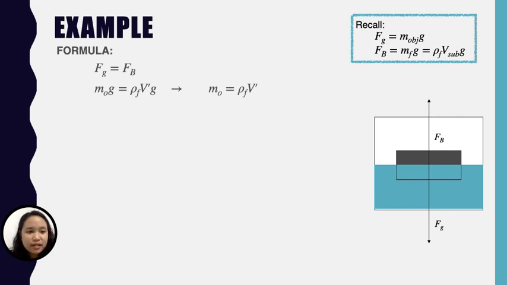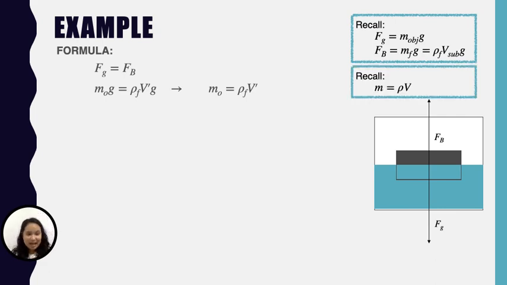Okay, after that, since there is g on both sides of the equation, we can just cancel it out, and what remains is MO, or mass of the object, is equal to the density of the fluid times V prime. Recall also that our mass is just equal to density times volume.